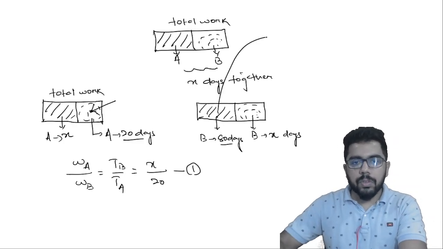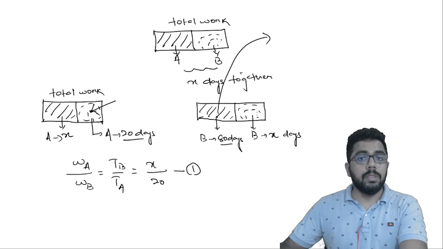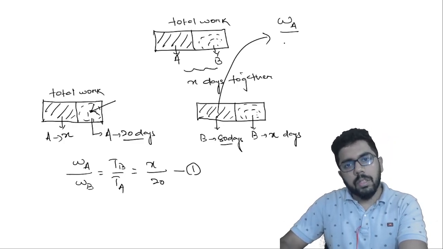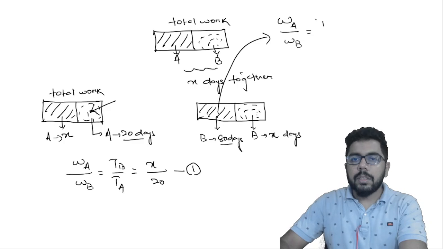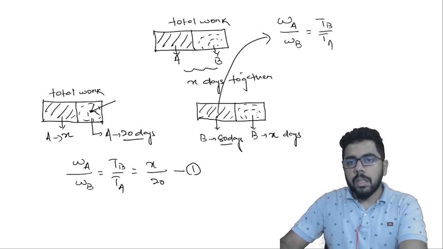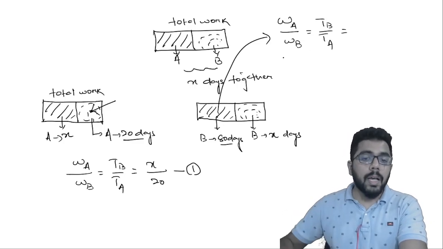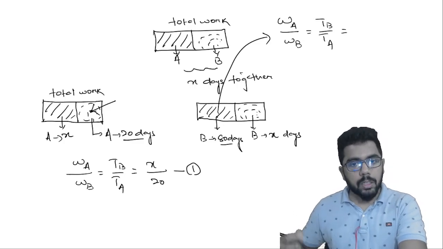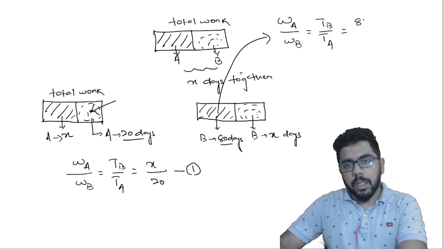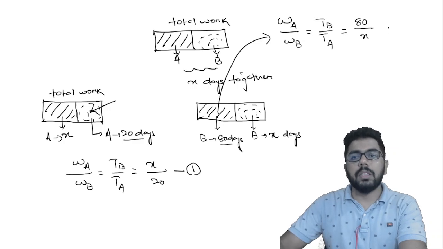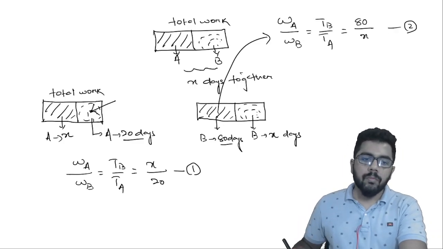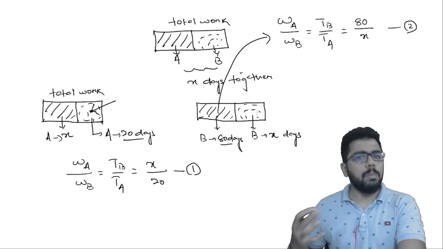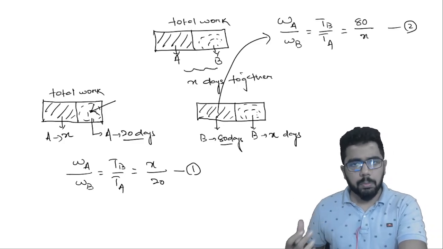The same thing in the second scenario when Amit is not there: work efficiency of A to work efficiency of B is time of B to time of A. The work which was done by Amit in X days, Vijay is taking 80 days to do. So time taken by Vijay is 80 days and time taken by Amit is X days. Let this be 2. Now from 1 and 2, I can equate because they give the same ratio of the work efficiency of A and B.